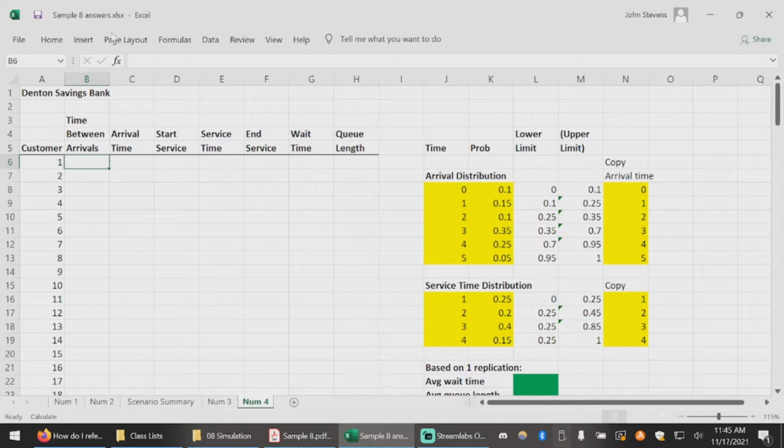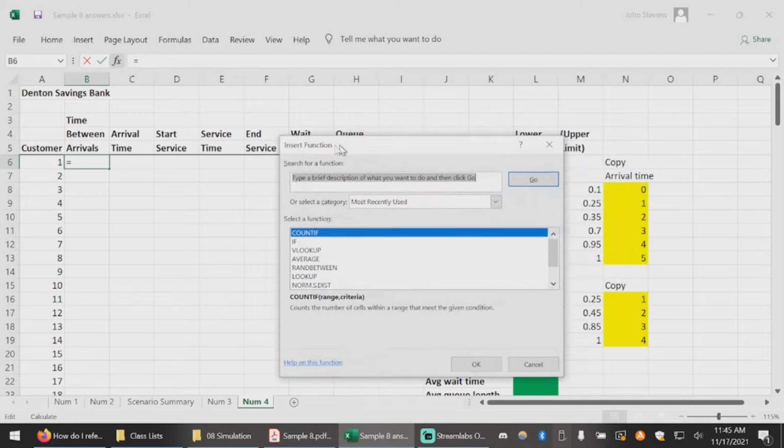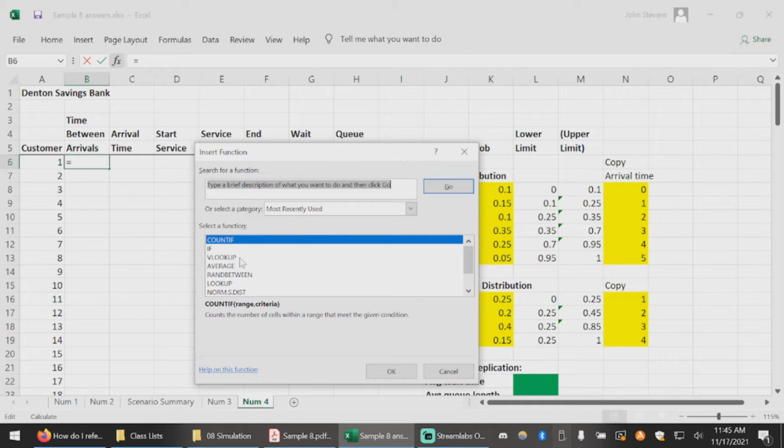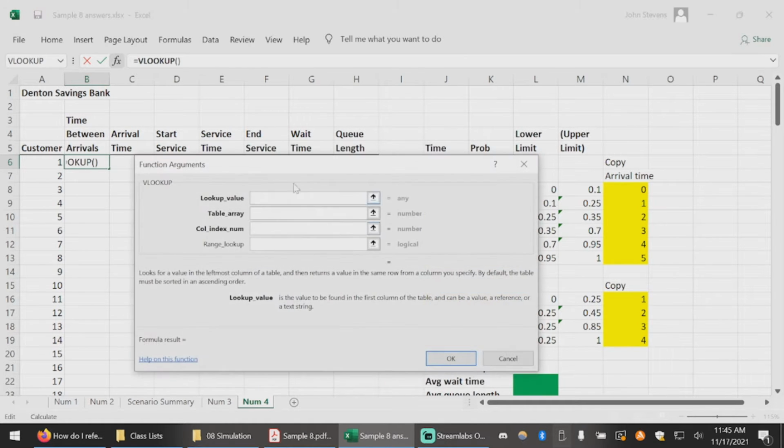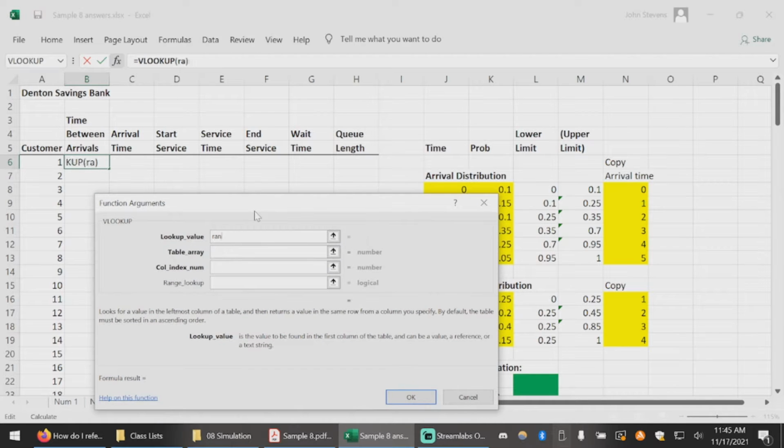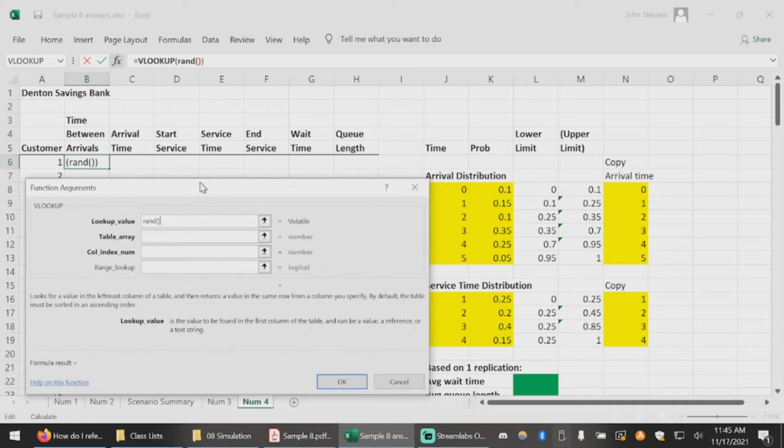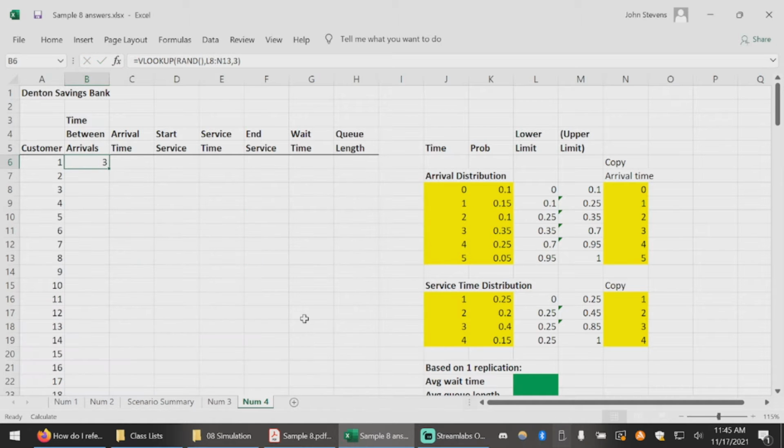Let's use the insert function, search for VLOOKUP, and we're going to use a random number, of course, just like always. We're looking into the table for time between arrivals, and we're looking forward to column 3, and there it is.